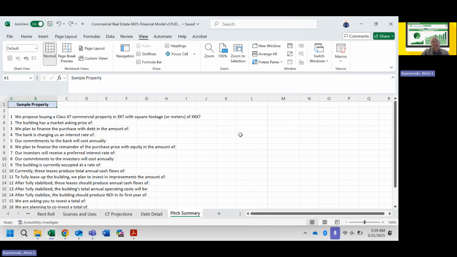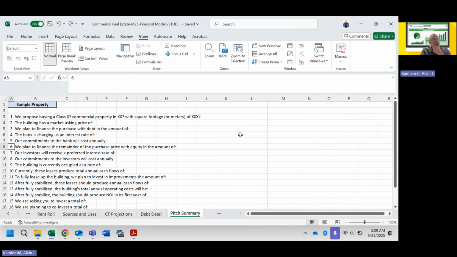Here's how we're going to finance this thing. 75% of the money is going to come from the bank. 25% is going to come from a team of investors, of which we'd like to invite you to participate. My colleagues and I are going to bring a couple of $100,000 to the table, and we'd like to ask you to do the same. Now, the banks are going to be in on the deal with us, and the banks are going to charge us an interest rate of 6.5%, and that's going to cost us roughly $300,000 a year.